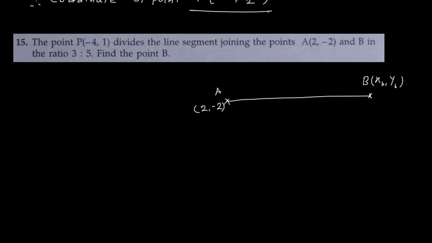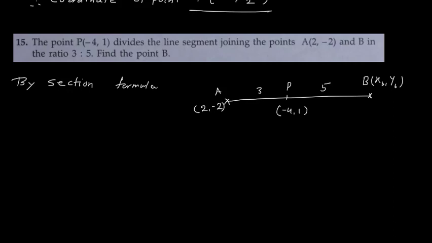Let us consider this point B, and there is a point P which divides this in ratio 3:5. Point P is minus 4 comma 1 and the ratio given is 3:5. Again I will use the section formula.